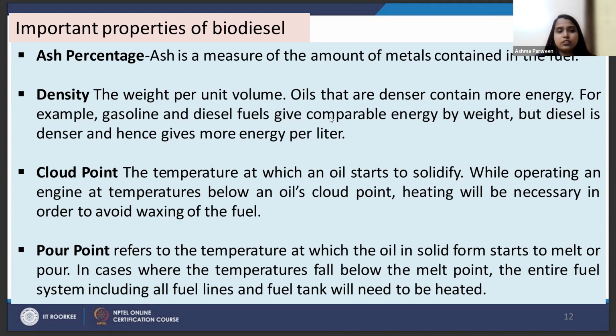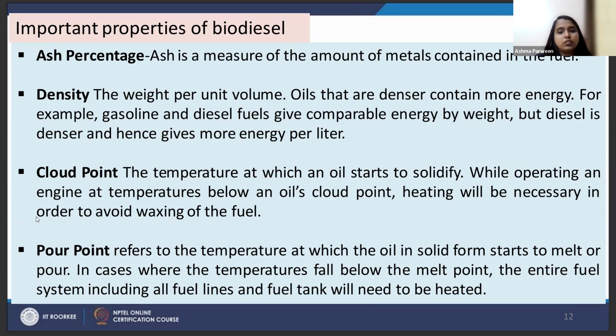Next is cloud point. There is a temperature at which the oil starts to solidify, and this point is known as the cloud point. If we are using the vehicle or engine at a temperature below the cloud point of the oil, then some heating will be required so that solidification of the bio-oil can be avoided.